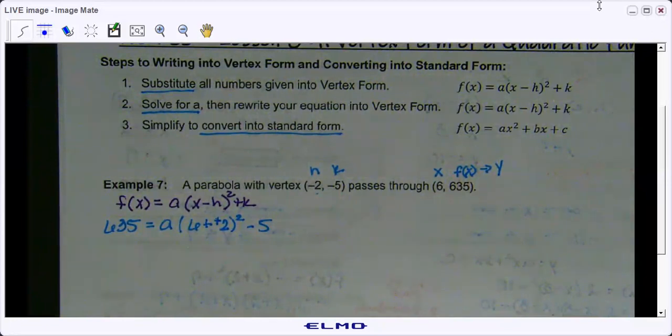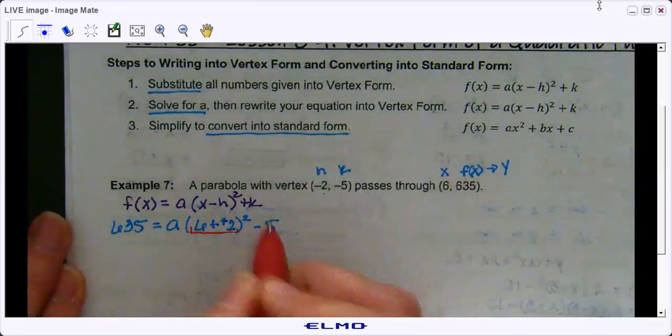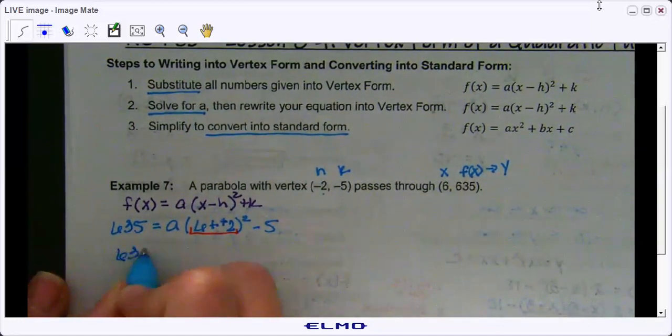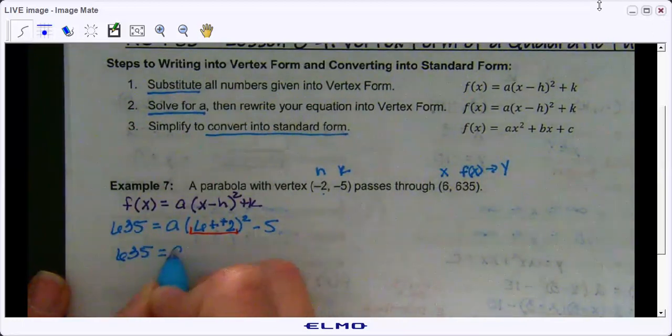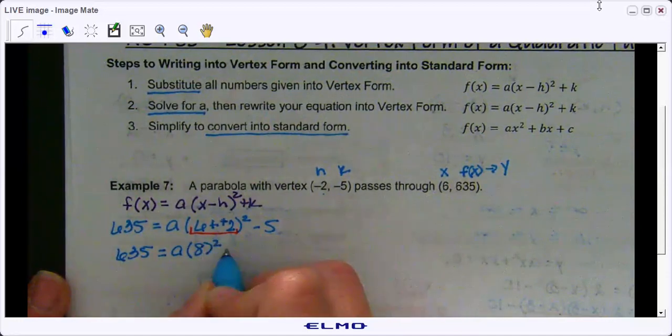Next we're going to solve this. This is just a normal equation that we're going to solve for A. The first thing we have to solve for is what is in parentheses. So we get 635 equals a times 8 squared minus 5.